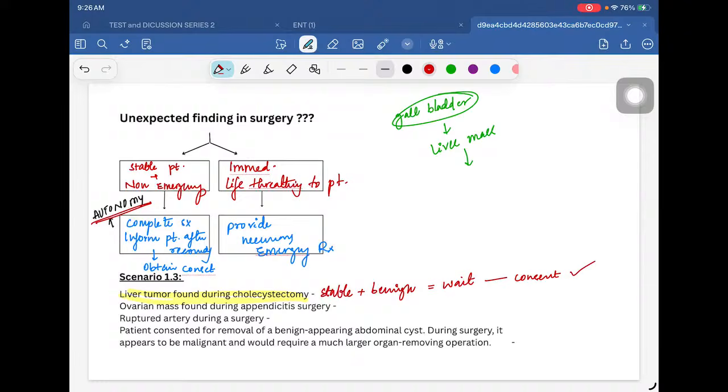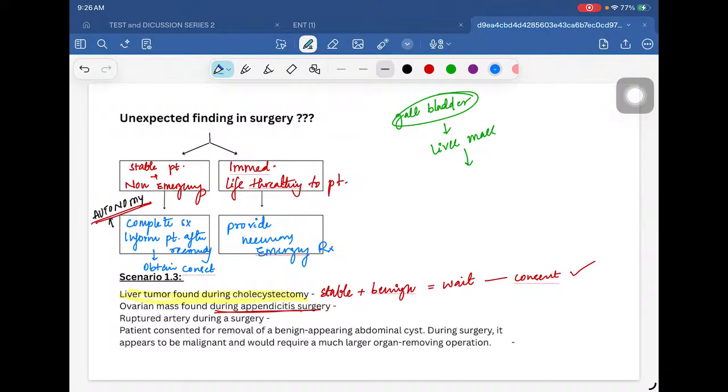Next we have an ovarian mass that is found during appendicitis surgery. So you're doing an appendicitis surgery and you find an ovarian mass. Should you wait for the consent, or should you proceed with removal of the mass?